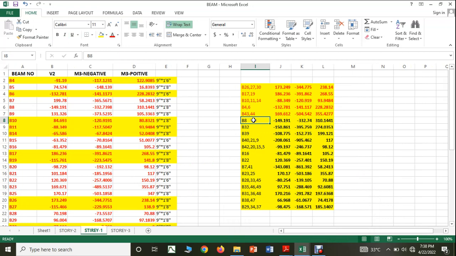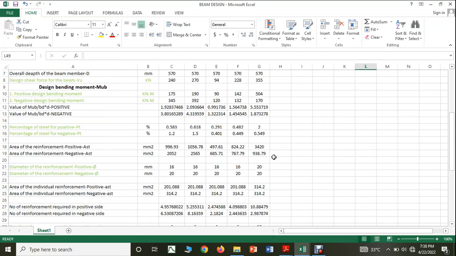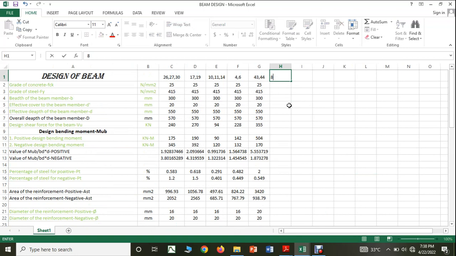Next I can go to beam 8. Right? So beam 8, 310. Here to here no change, so this will be 310.